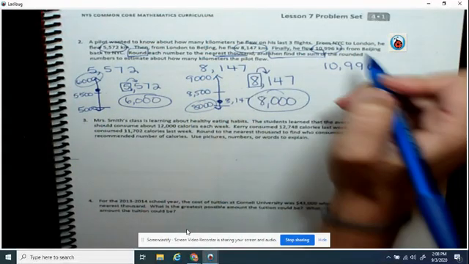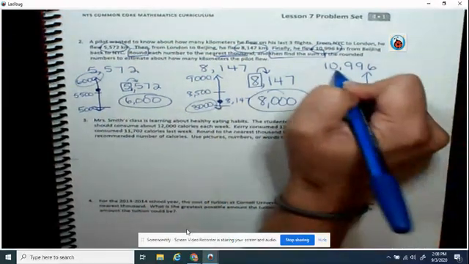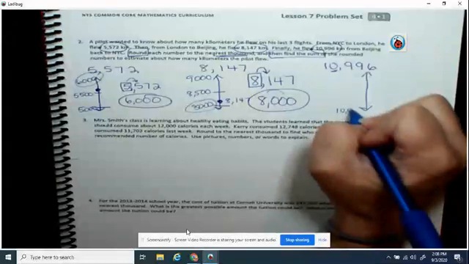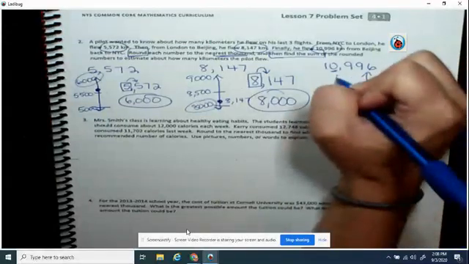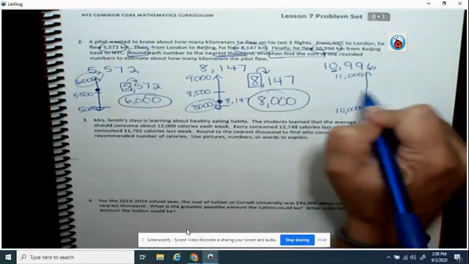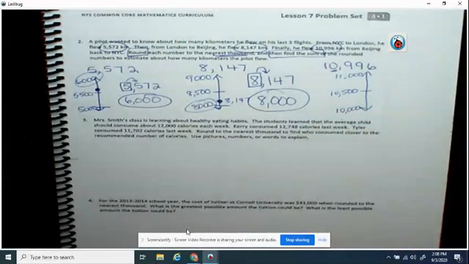Okay, last one. So we're focused on the thousands place. This one's a little tricky. Okay, so we have 10,000, and then one more thousand would be 11,000. And right in the middle of these two would be 10,500.